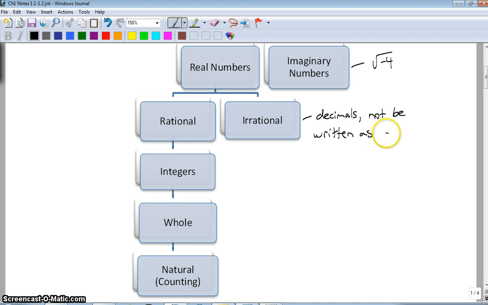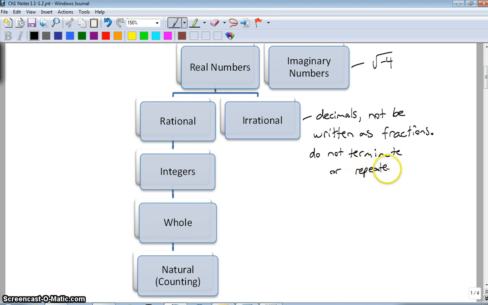What that means is most decimals that terminate or end can be written as fractions. So these decimals will never end. They go on forever, and they do not repeat either. So they do not terminate or repeat.